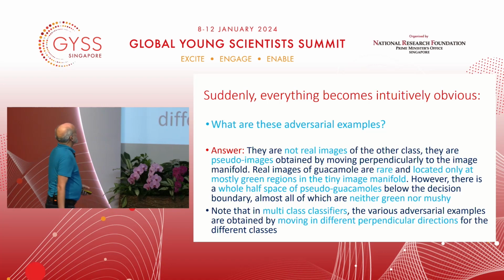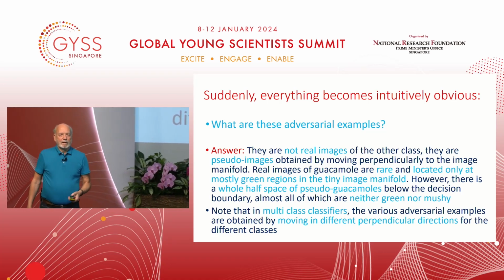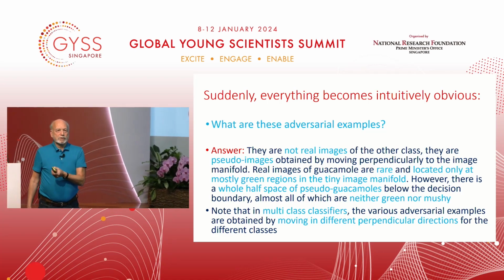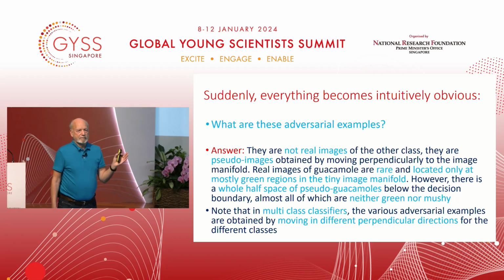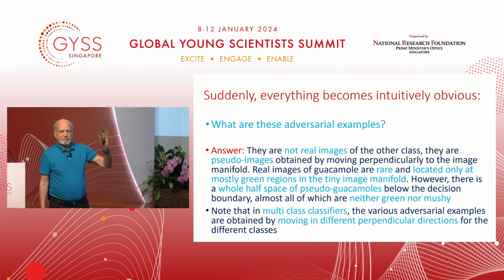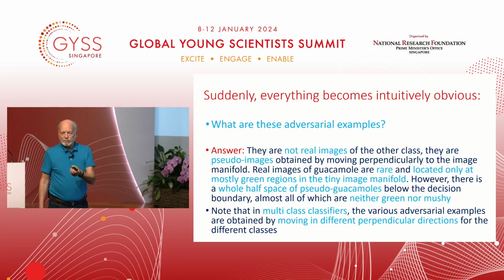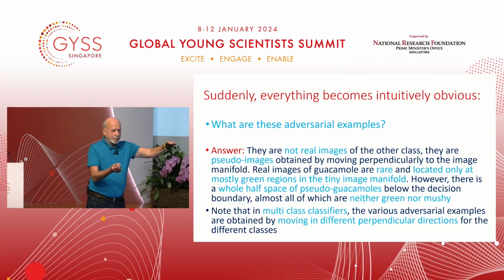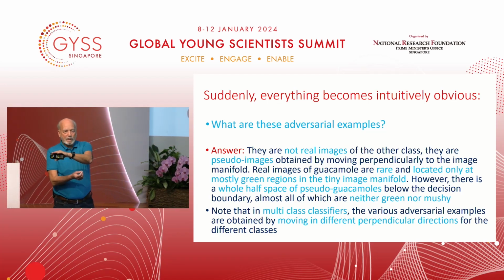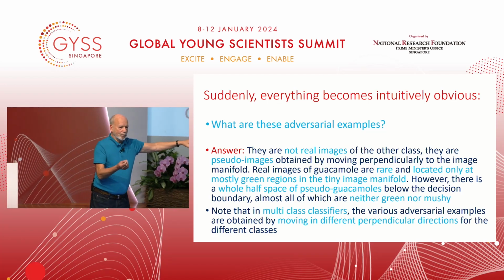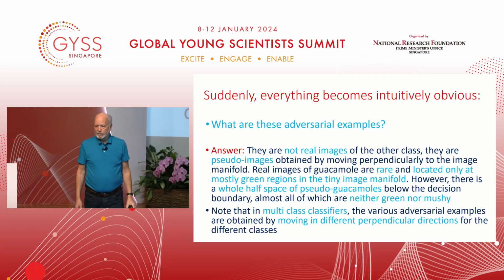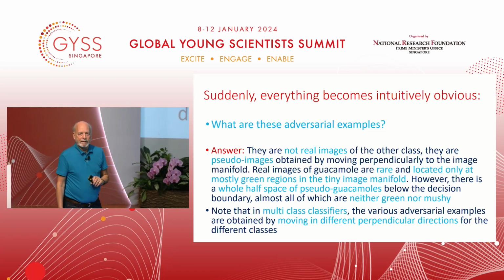So what are those adversarial examples? When I have a cat and I want to change it into guacamole, I don't add greenishness. I don't make the image smoother. I go in crazy new directions. Why do I go a short distance away? Because the network wanted to have these large gradients in order to have a very smooth, varying kind of decision boundary, undulating above and below the training examples.